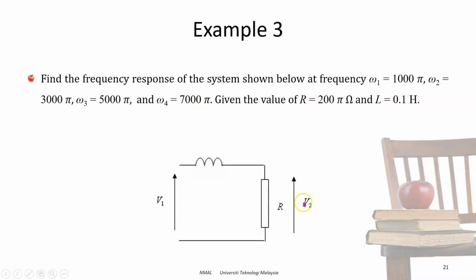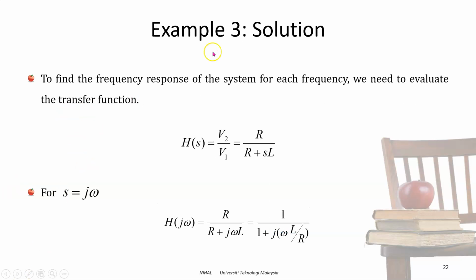Given here are R equal to 200 pi ohm and L equal to 0.1 H. The transfer function is not given, so you have to derive it first before you can put in the values of omega. To find the frequency response of the system, we need to evaluate the transfer function.